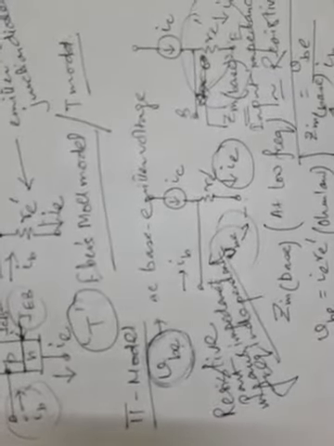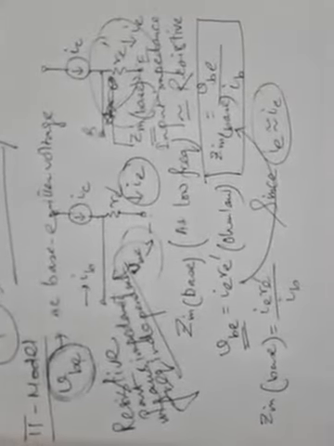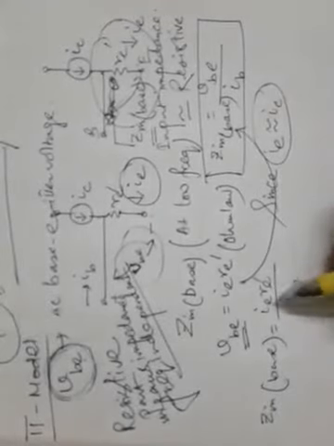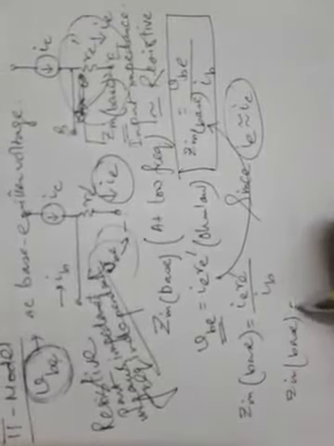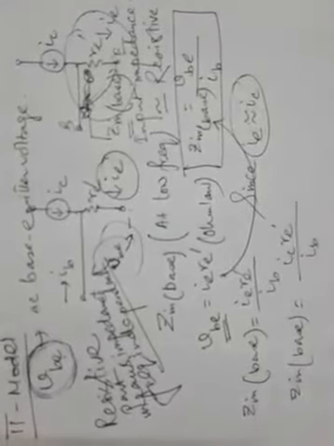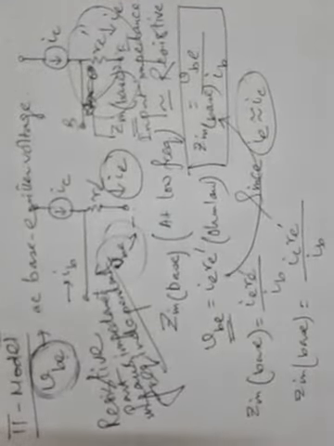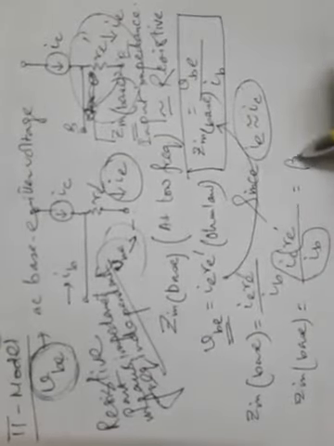Now since we know IE is approximately equal to IC, these two currents are almost the same because IB will be very small. So we can write Z in base is equal to IC RE dashed divided by IB. Now what is IC by IB? It is beta AC.